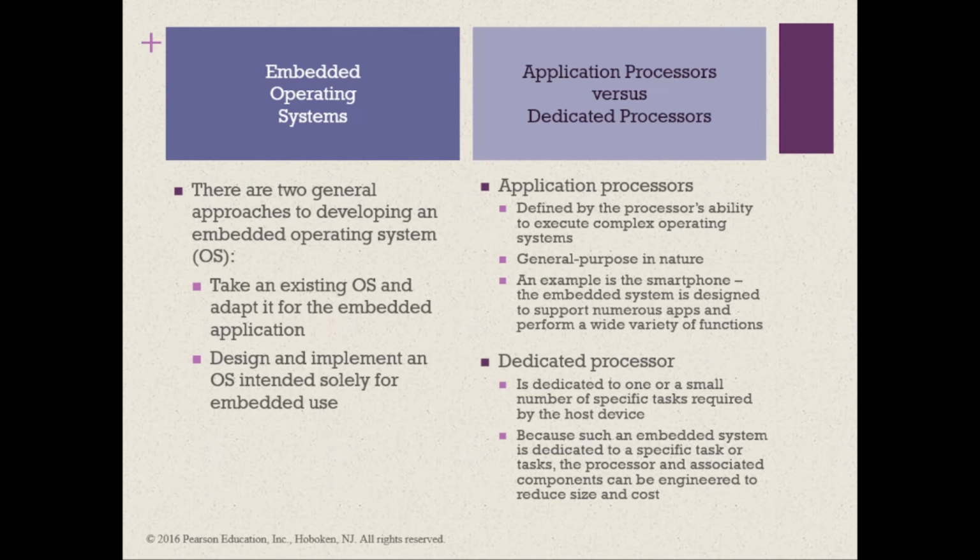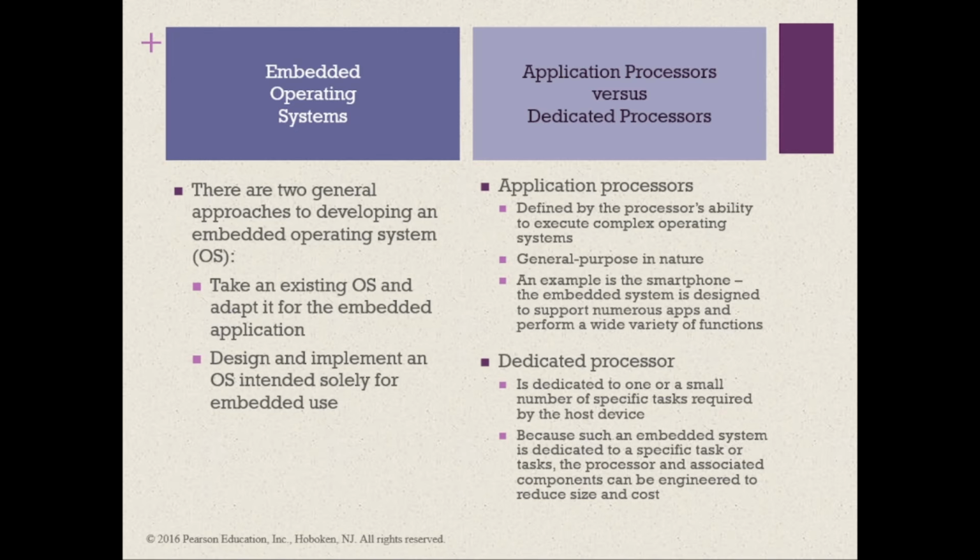For example, there are embedded versions of Linux, Windows, and Mac, as well as other commercial and proprietary operating systems specialized for embedded system. The other approach is to design and implement an OS intended solely for embedded use. An example of the latter is the Tiny OS, widely used in wireless sensor networks.